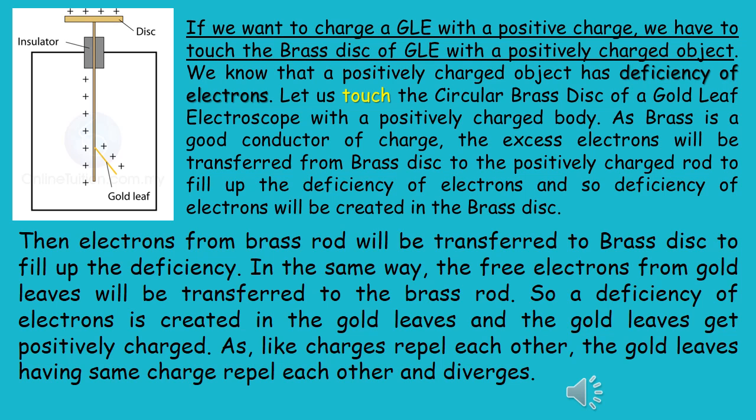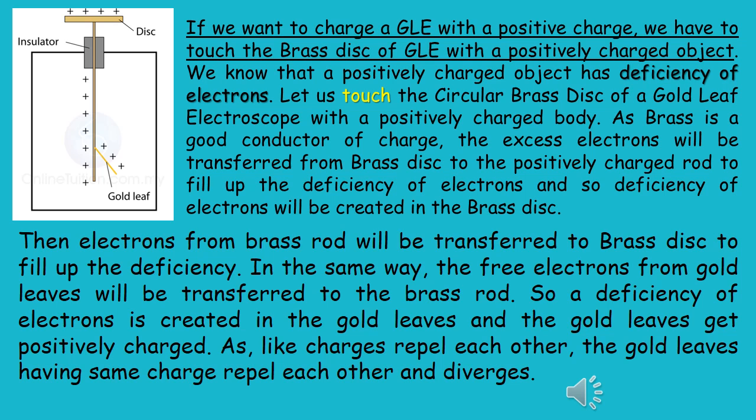It contains positive charge. So we are touching the brass disc of gold leaf electroscope with a glass rod which is rubbed with silk. Now we know that any positively charged object has deficiency of electrons. That means it has empty places which can be occupied by free electrons.